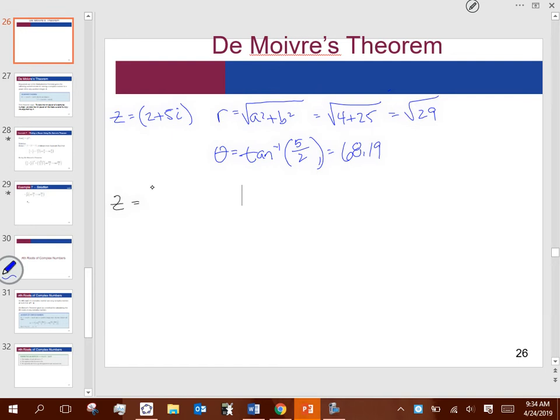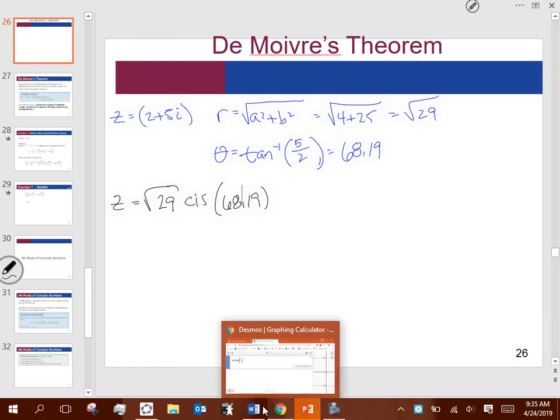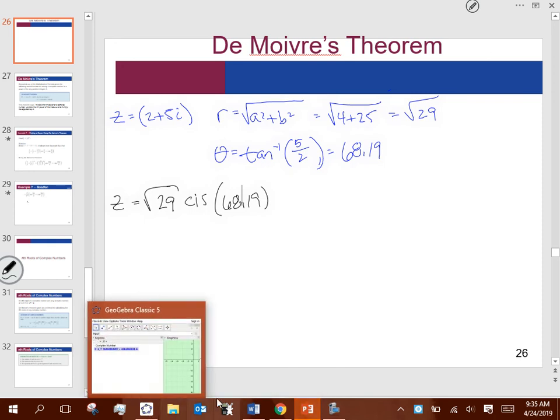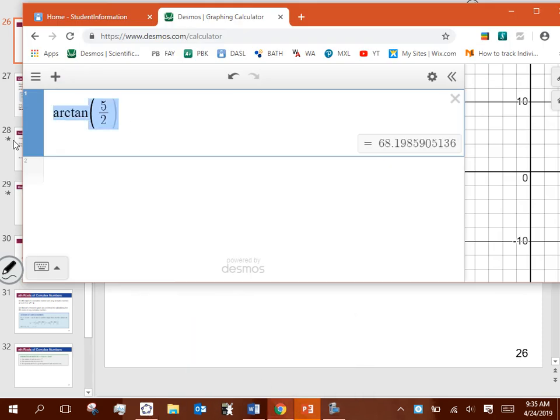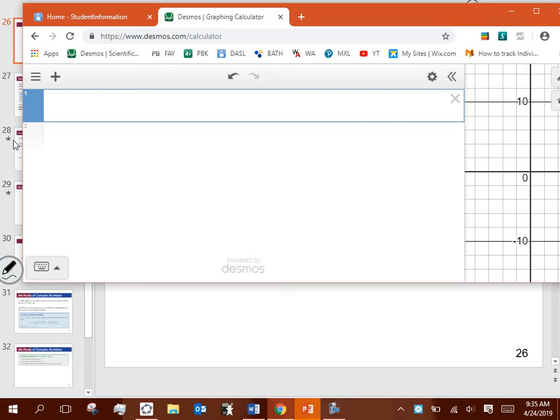So we would write z in polar form as r cis theta, 68.19. Okay. What I would do, guys, just before we go on to doing more work, and this is something to think about, I think it's important to periodically check whether what you're doing is accurate.